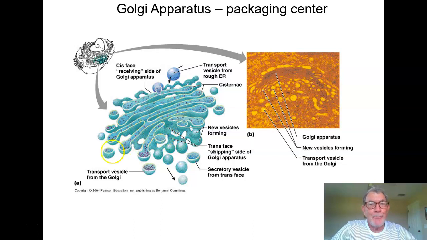The Golgi apparatus will package these proteins and semi-proteins into their final form. It will form these little bubbles full of stuff, and it'll take it somewhere else in the cell, or it will take it to the surface of the cell and pop and let it go into your bloodstream. So the Golgi apparatus is your packaging and distribution center.